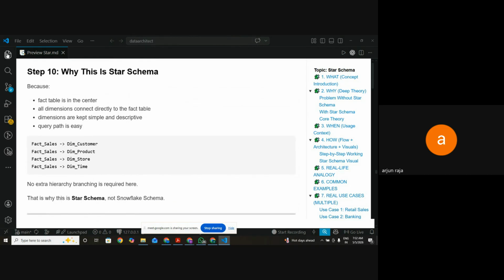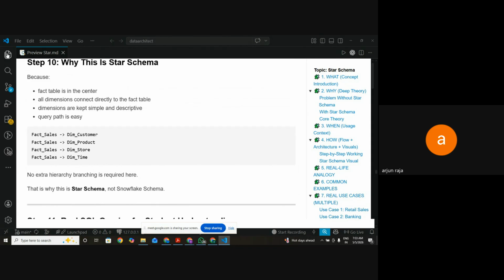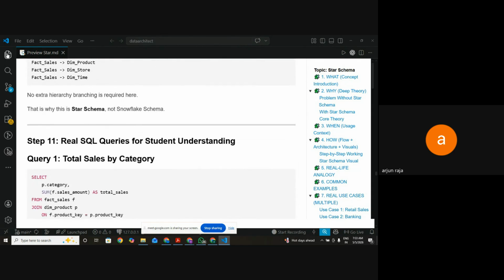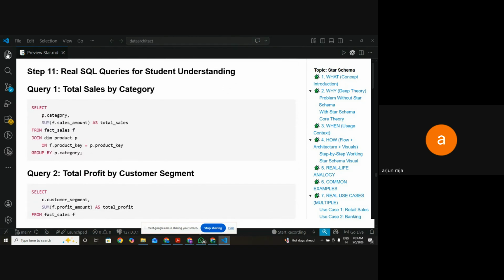Why is this a star schema? Fact table is in the center, correct? All dimensions connect directly to the fact table. There are no sub dimensions. Dimensions are kept simple and descriptive. Query path is easy. Fact sales and customers, everything is linked to customer. Total sales by category: sales and product, if we join, we get it.